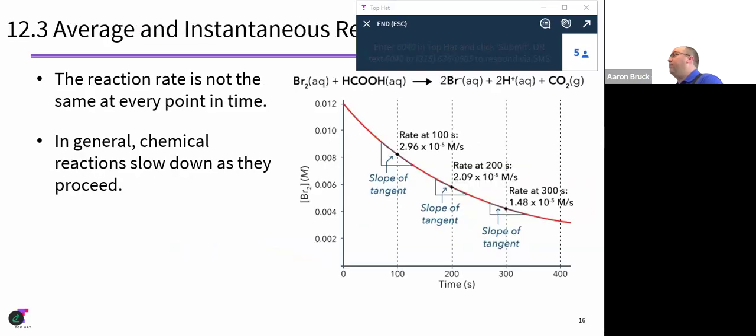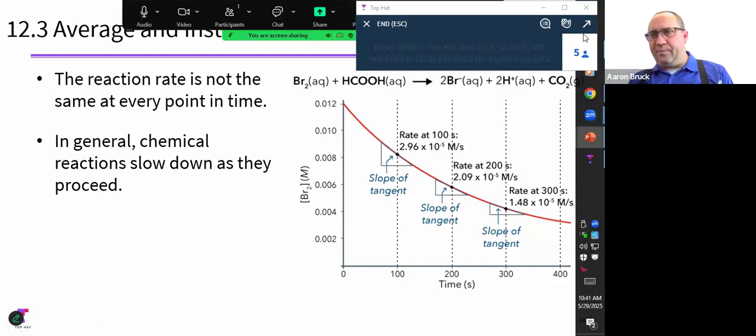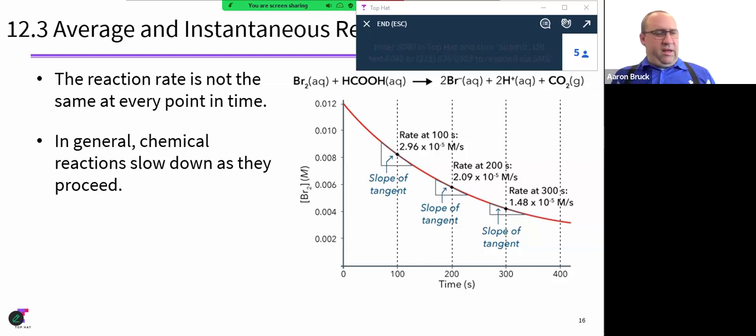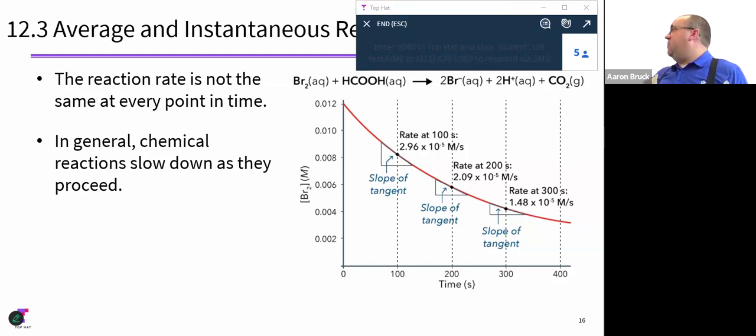Okay, so as I was saying before, one of the problems with average rates is that average rates do change over time. We can see that as we go from the beginning of the reaction onward, the reaction is fastest at the beginning and it slows down over time.